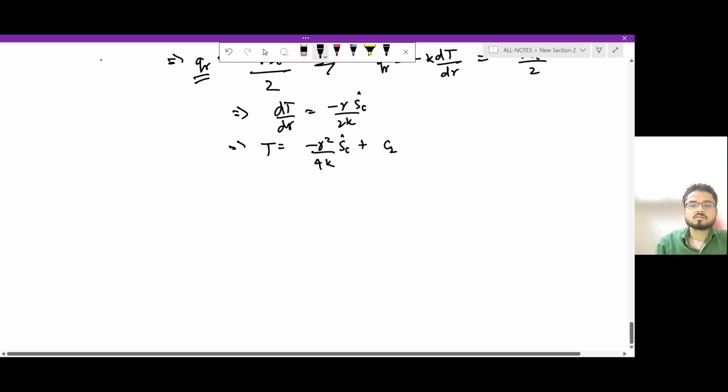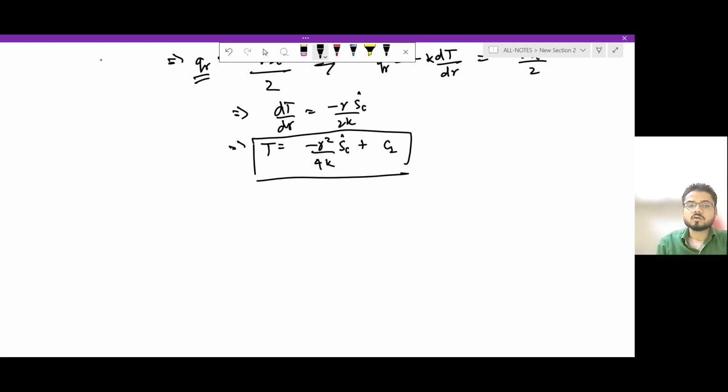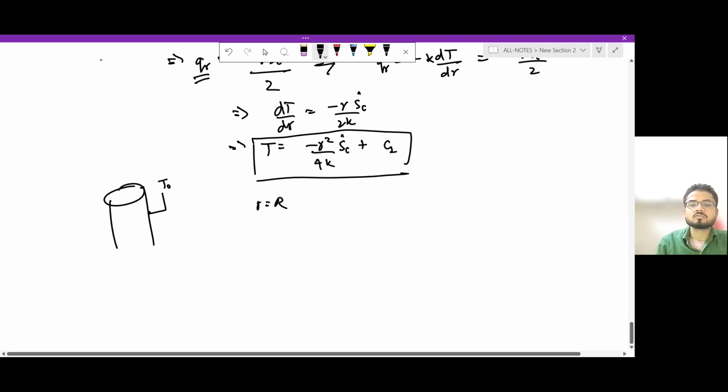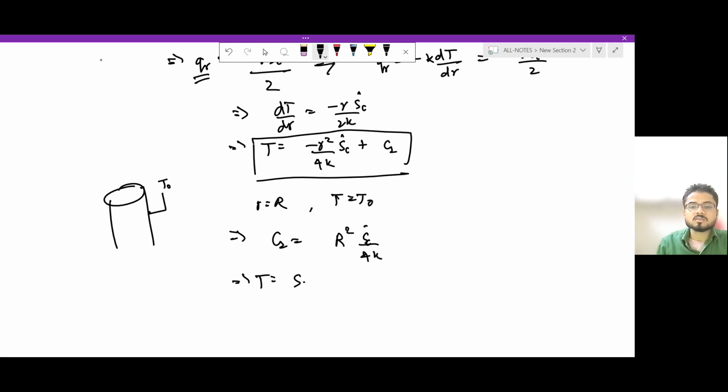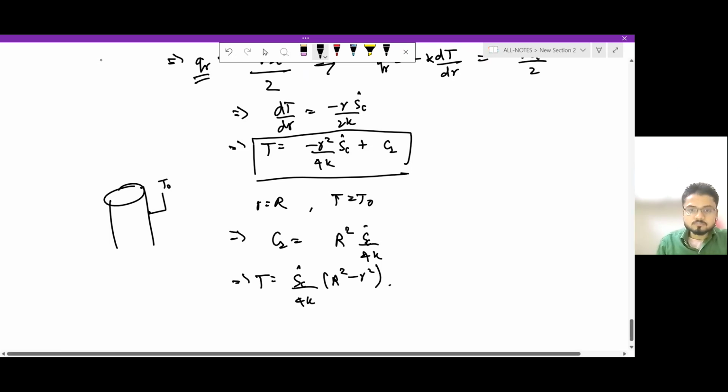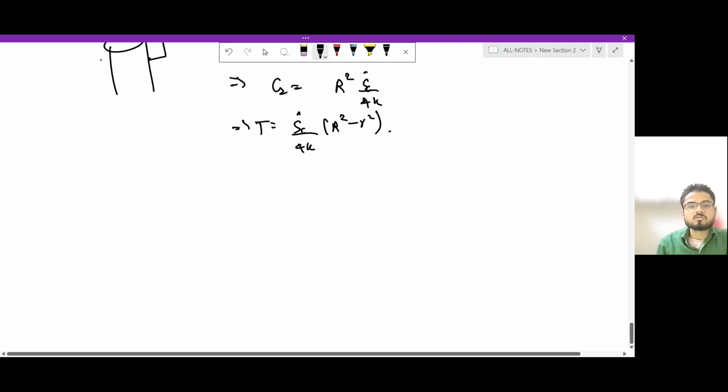now you need some boundary condition. For example, if you could measure the temperature at the surface, let's say this temperature is T naught, then you could just write at r equals R, you've got T equals T naught, and this would give C2 equal to R squared S_c dot by 4k, and then T would be equal to S_c dot by 4k times (R squared minus r squared), for S_c dot equals constant, of course.